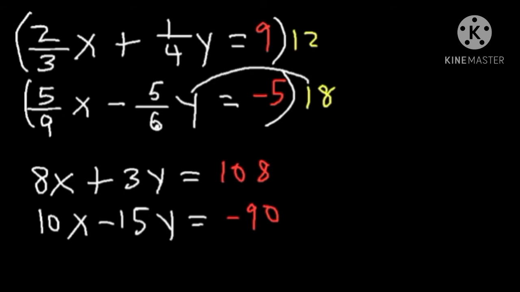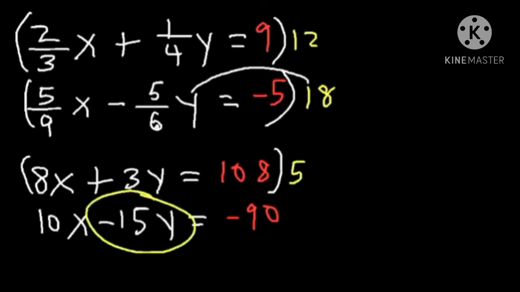At this point, we can't add the two equations because the x or the y variables won't cancel. However, we could multiply the first equation by 5. If we do so, we get positive 15y, which can cancel with the negative 15y. So let's do that.